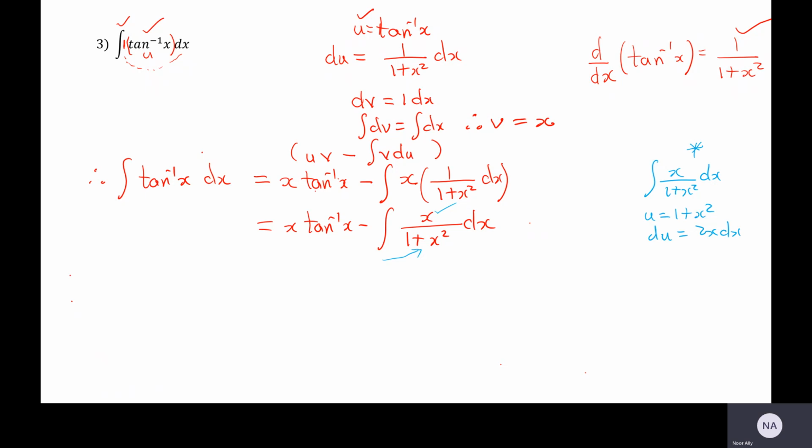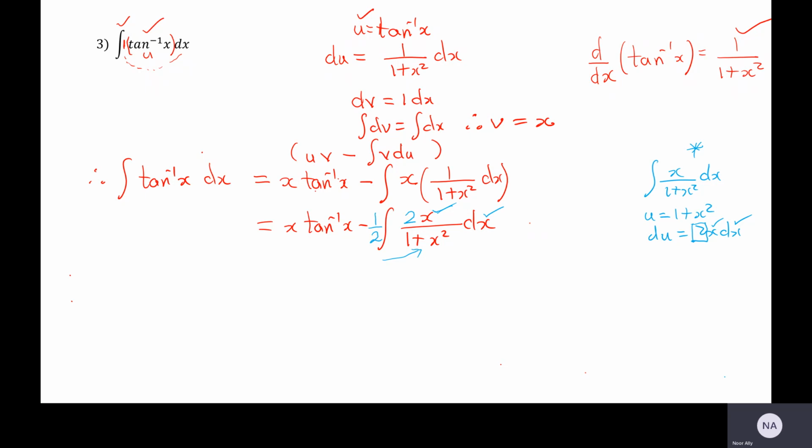I'm going to say, okay, there's the x and there's dx. The only value missing from there is a 2. So I'm going to insert the 2 because I need the 2, but I can't just put the 2 in. I will compensate for it by multiplying by a half, by its inverse, because a half times 2 gives me 1. So I haven't really changed the integral at all.